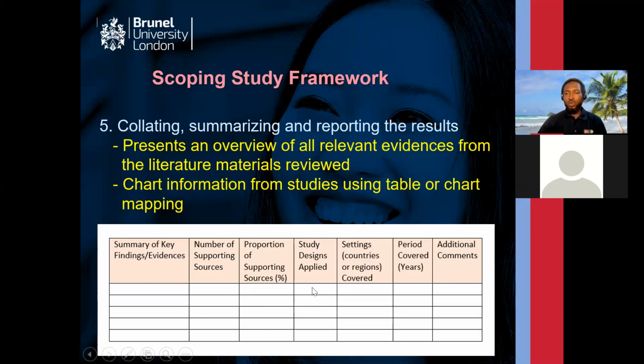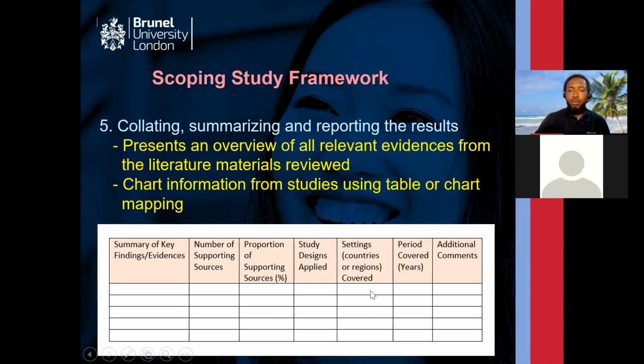You could have cohort, prospective or retrospective studies, secondary data analysis, or qualitative studies. The number of articles using each study design helps to give us an idea, like I mentioned earlier for scoping reviews, of the types of evidence and types of sources.